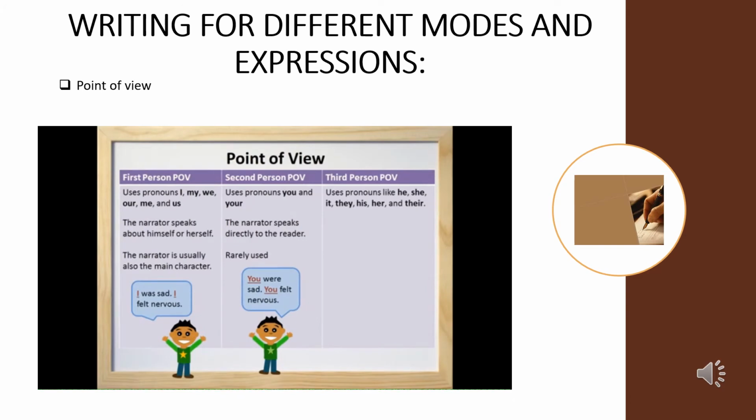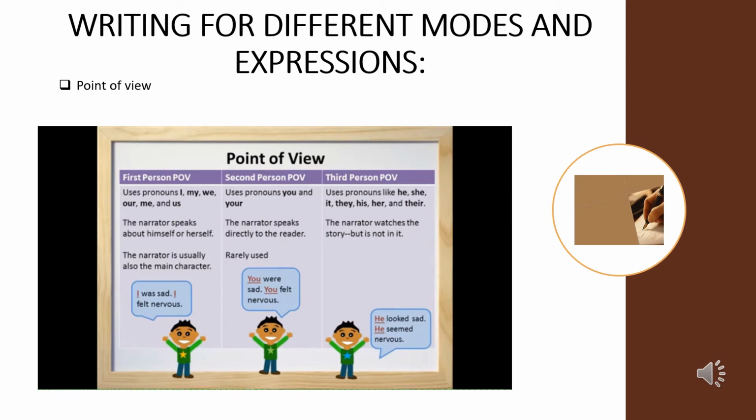And finally, third person point of view uses third person pronouns like he, she, it, they, his, her, and their. In third-person point of view, the narrator watches the story, but is not in the story. So our narrator says he looks sad, he seemed nervous. Notice he's talking about a boy he sees, but he's not talking to the boy, and he's not interacting with the boy.